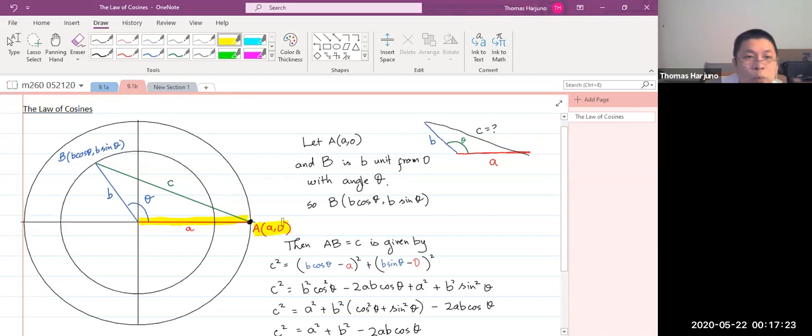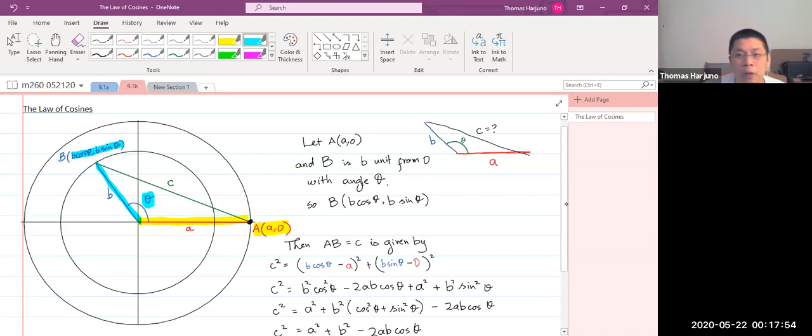Side B is at a distance B from the origin at the angle of theta. Because the length is B at angle theta, consequently the coordinate is given by this.